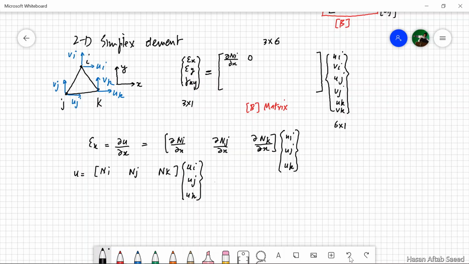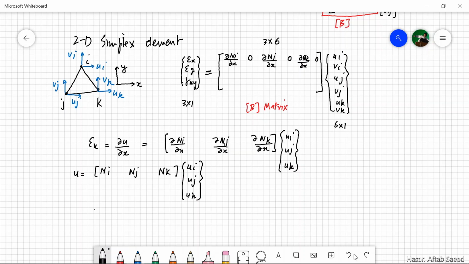The 0 multiplies with vi as it should because epsilon x is independent of v's. Similarly, partial Nj over partial x, again 0. This multiplies with vj, and then we have partial Nk over partial x, and again 0, which then multiplies with vk. So we have this expression shifted to our empty matrix above.